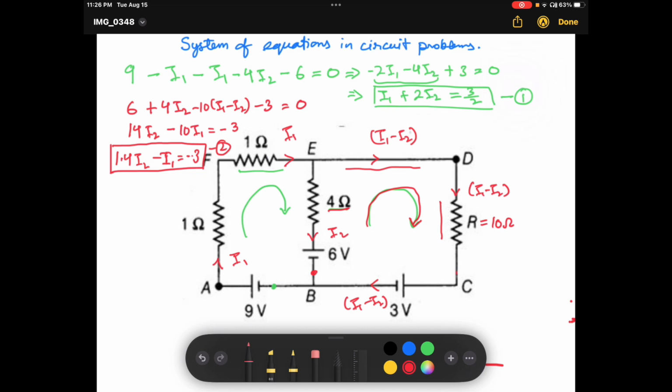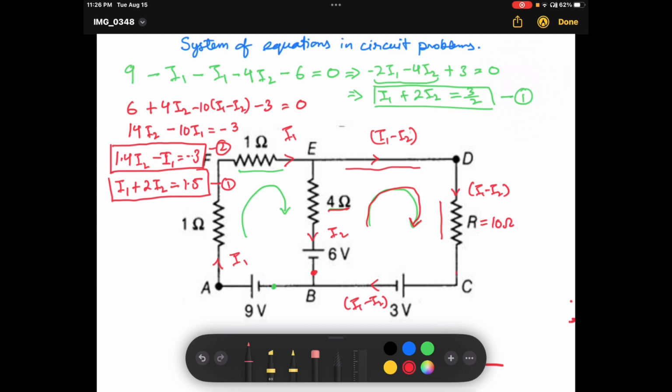Now let's put these equations one under the other and see what happens. So I1 plus 2I2 is equal to 1.5. So that is equation number 1. Now we can simply add these two, because by adding these two the I1 will be eliminated.